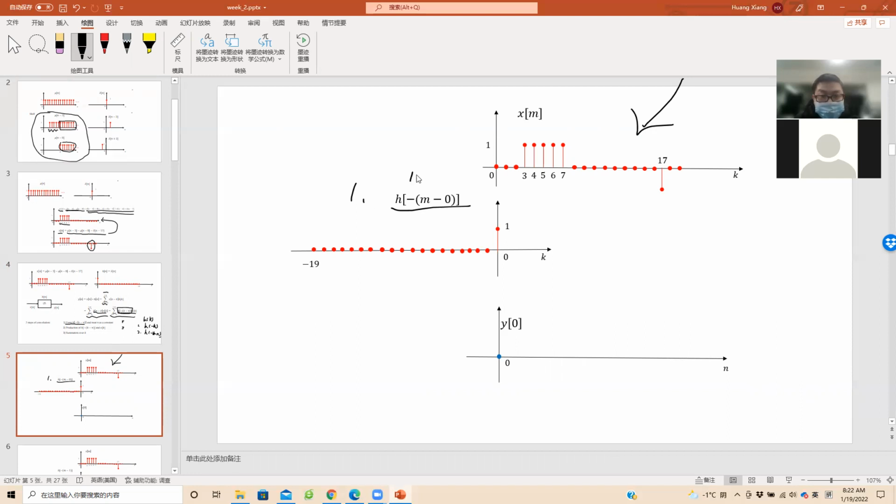So actually this is equal to h of minus m, so it's just the reflection of h of m.